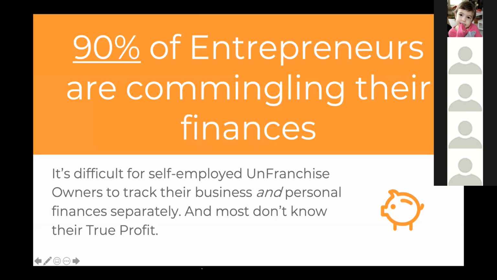90% of entrepreneurs are co-mingling their finances. So that basically means that most entrepreneurs, and that's anything from affiliate marketers to Uber drivers to unfranchised owners to small business owners, people that work for themselves, they're commingling their finances, meaning they have one bank account, they're just paying everything out of the same space.